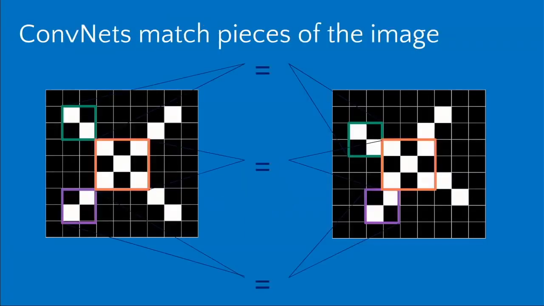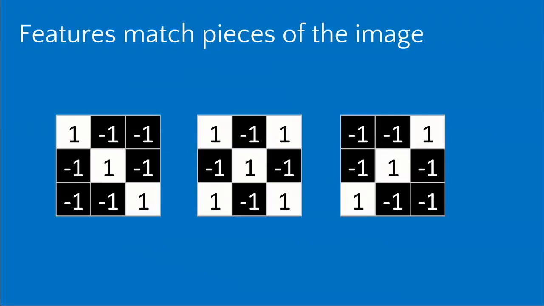So one of the tricks convolutional neural networks use is that they match pieces of the image. You can look at these pieces and shift them around a little bit, but as long as the tiny bits still match, then the overall image is still considered a pretty good match. So these tiny bits might look like this. We'll call them features.